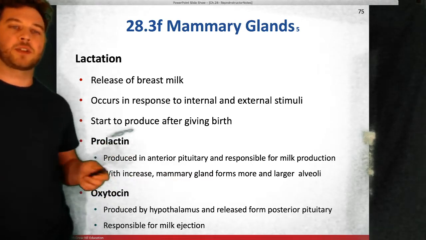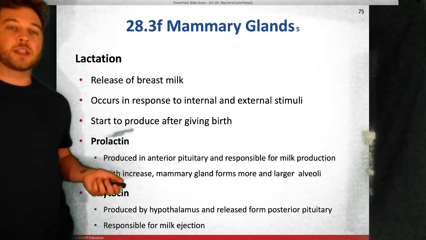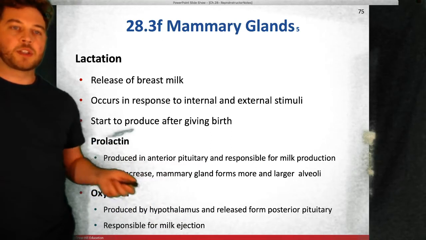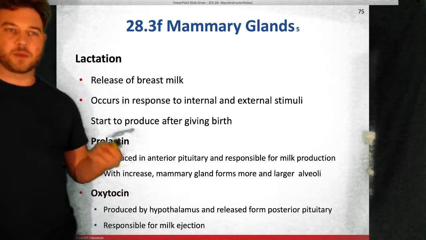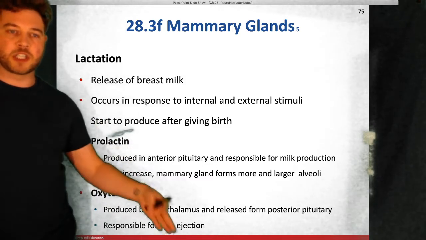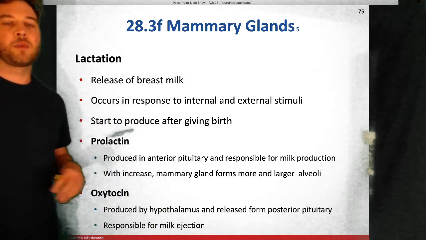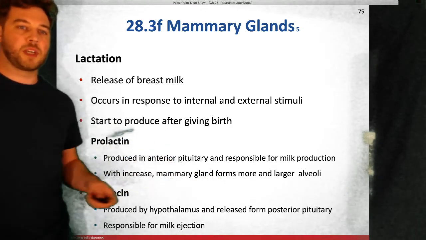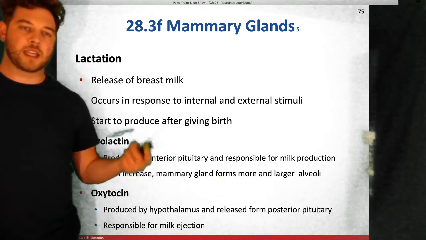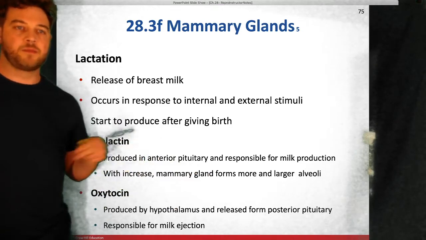Oxytocin is responsible for milk ejection. So prolactin makes the milk, and oxytocin allows for letdown. Oxytocin is produced by the hypothalamus and stored in the posterior pituitary. Remember, the posterior pituitary has ADH and oxytocin.